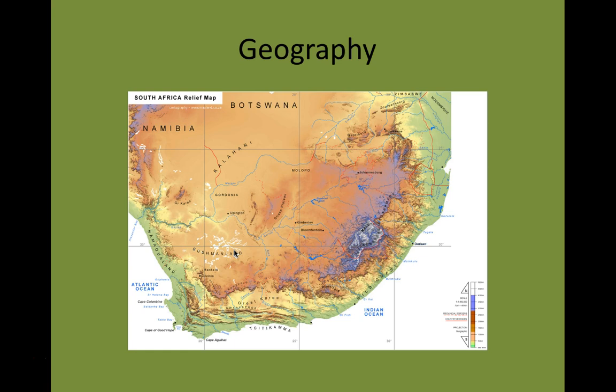There are a number of important rivers in South Africa. The three I would say that are the most important, the longest, and most important economically are the Limpopo River here, which forms the boundary between South Africa and part of Botswana, Zimbabwe, and Mozambique up here, right? So the Limpopo emerges from here and flows into the Indian Ocean.